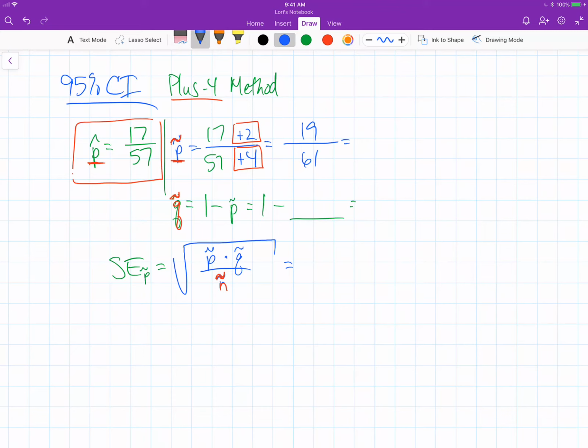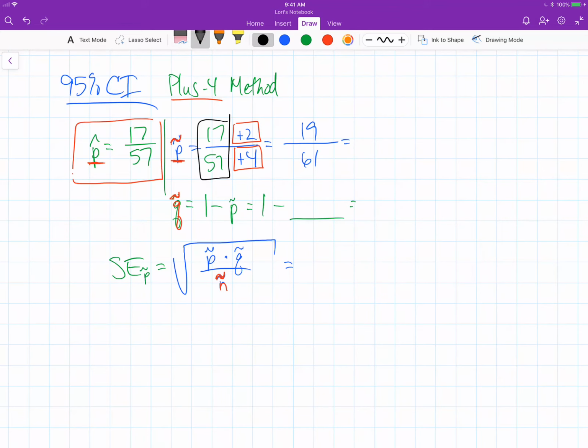This gives us a correction for the fact that just looking at the regular proportion, the 17 over 57 by itself, is usually somewhat off. This corrects for that inaccuracy.